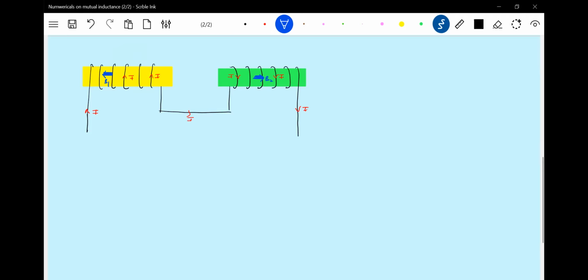Let the EMF induced here be E1 and the EMF induced here be E2. I want to replace this with an equivalent inductor so that the same EMF will be generated in it.